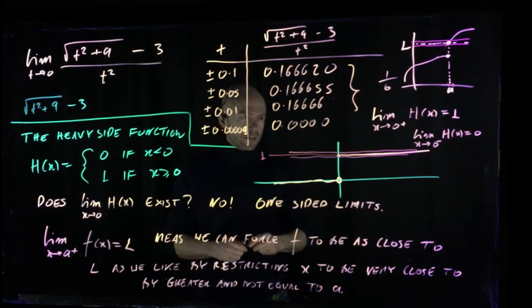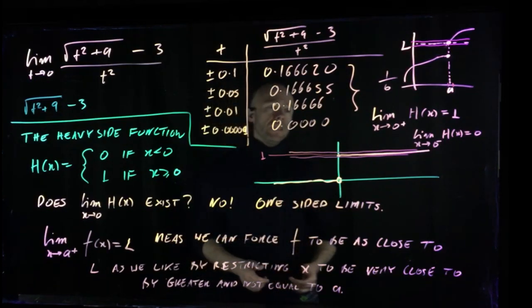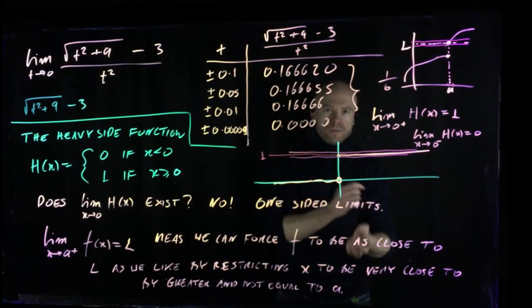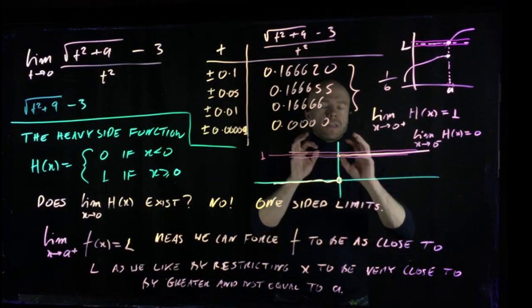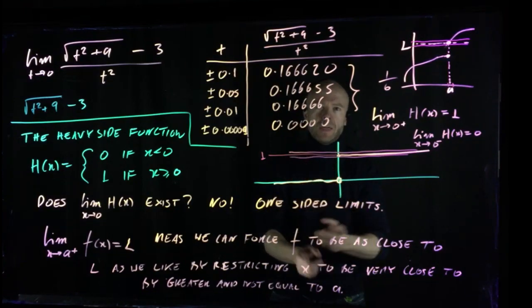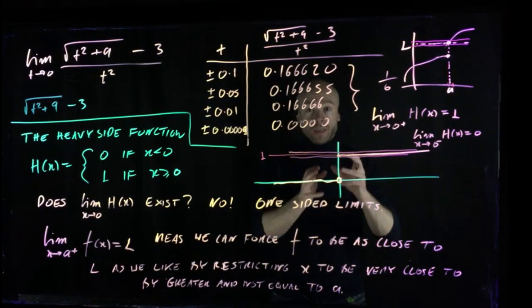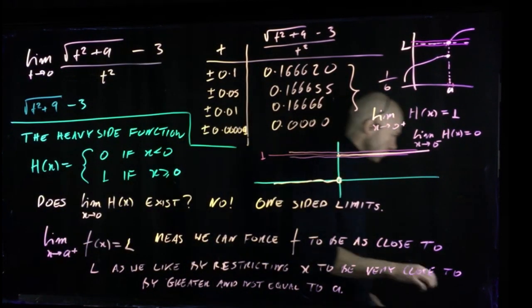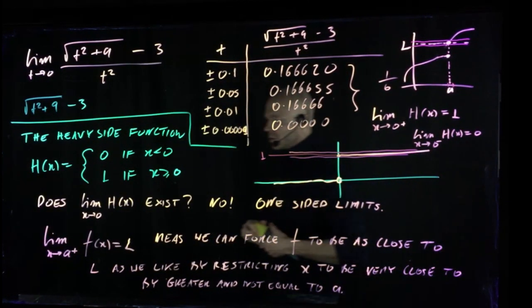So those are one-sided limits, and it's not hard to see that a function will have its limit exist at A if both the left and the right-hand side agree. So again, if the left-hand side limit and the right-hand side limit agree and they're equal, then the function will actually have its limit. All right, let me erase the board, and we'll do an example.